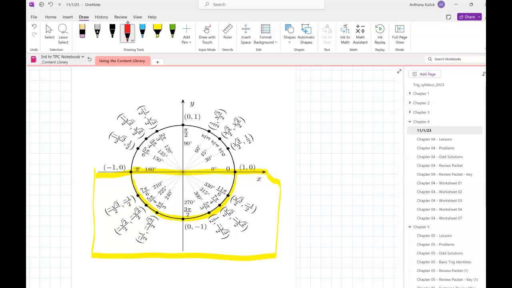Okay, just like before, I remember that tangent is y over x. So I'm looking for the place where y over x is going to give me -1. So just like before, I'm looking for the place where the x and y are the same number but opposite signs. The only place that happens in quadrants 3 and 4 is here at 7 pi over 4.